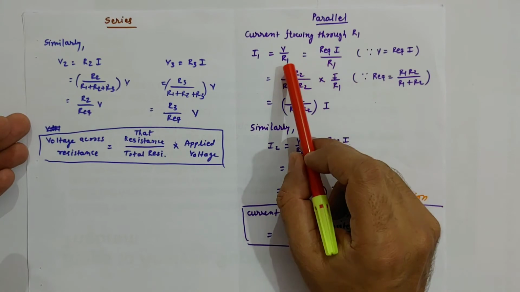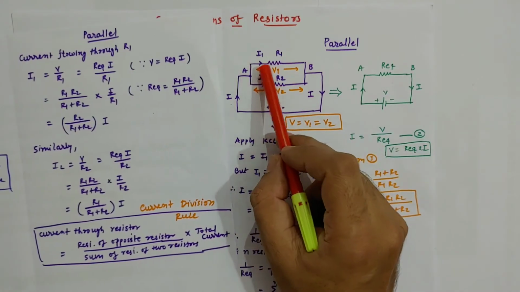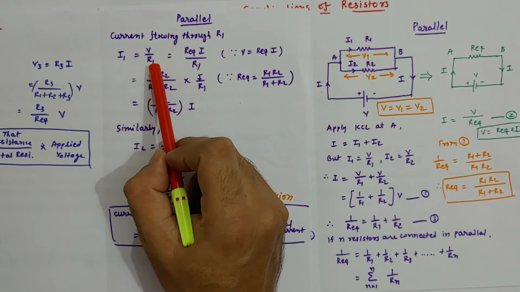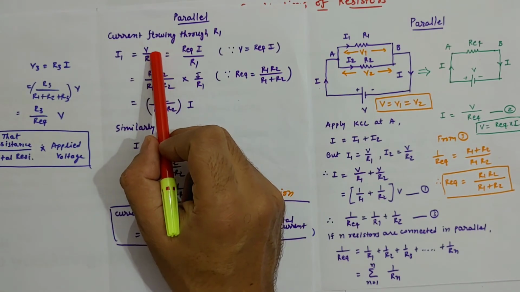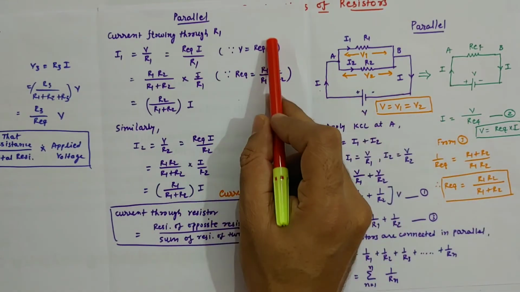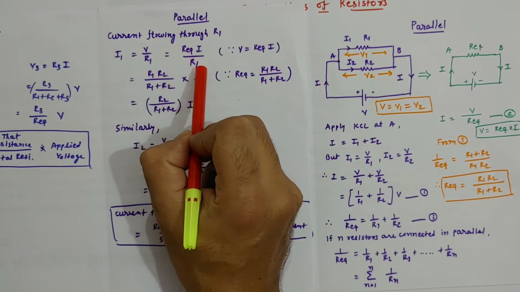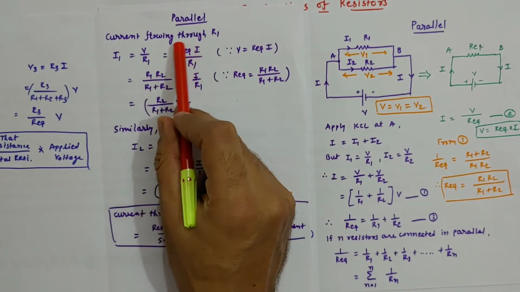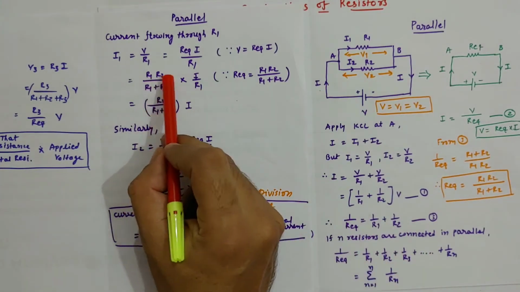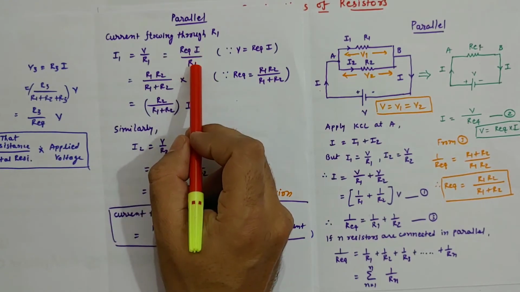Now the current flowing through resistor R1 is I1, which is equal to V by R1. Now we will substitute the value of V is equal to R equivalent multiplied by I in this equation. So R equivalent multiplied by I divided by R1. Now the value of R equivalent is R1 R2 divided by R1 plus R2, multiplied by I divided by R1.